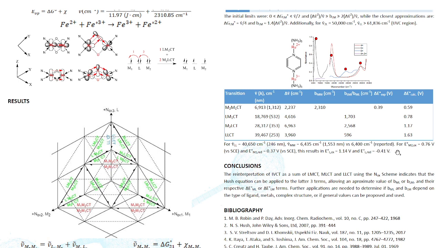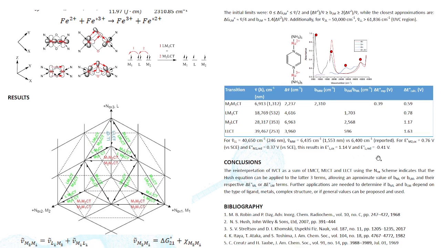Similarly, if we use the previous approximations for the free energy and the denominator term for metal to ligand and ligand to metal charge transfers, we find that the oxidation potential of the pyrazine in this complex should be at around 1.14 volts and its reduction potential at minus 0.41 volts.